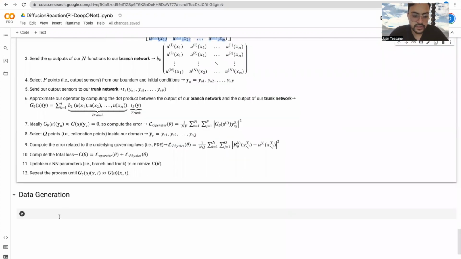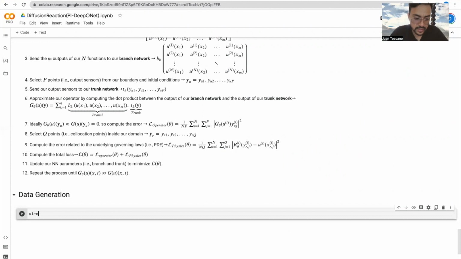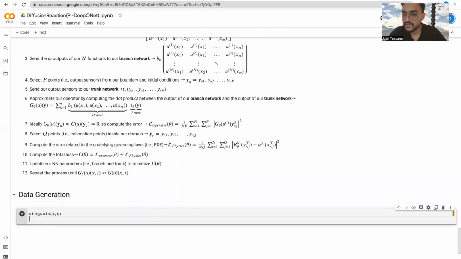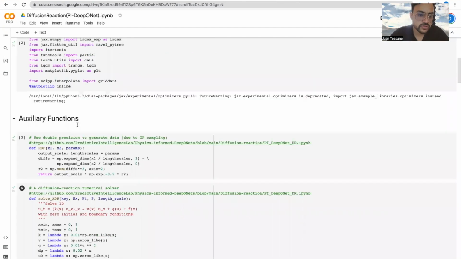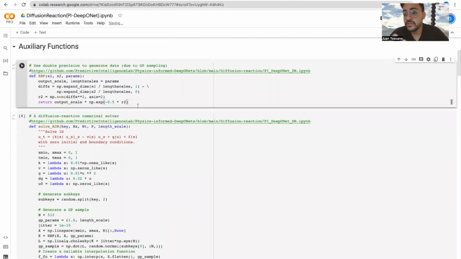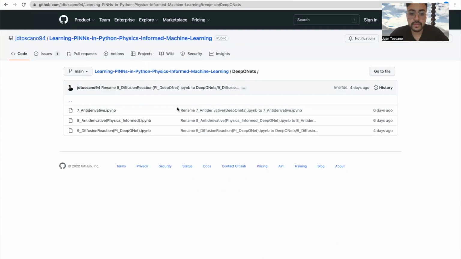However, since defining each input function, let's say u1 equals sine of x t, etc., for let's say 5,000 times would be pretty complicated, we will sample our functions from a zero-mean Gaussian process with an exponential quadratic kernel. And to do that, we will use some auxiliary functions. So please feel free to pause the video or remember that this code will be available in my GitHub.